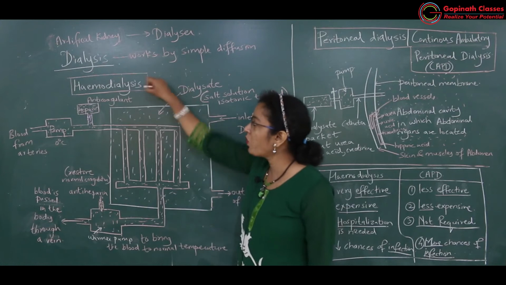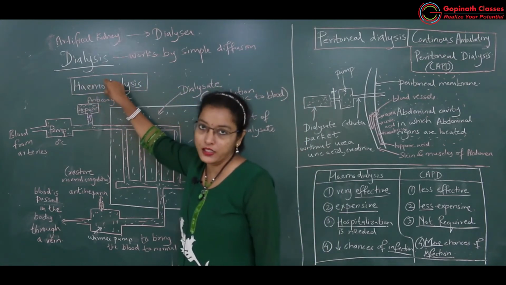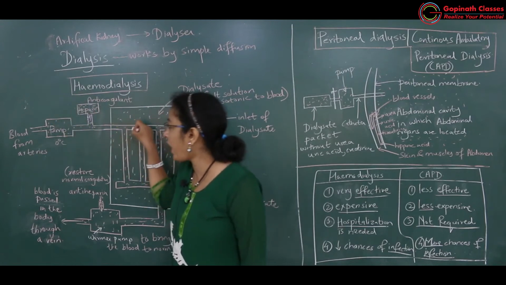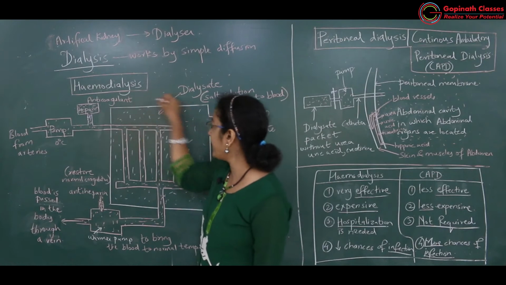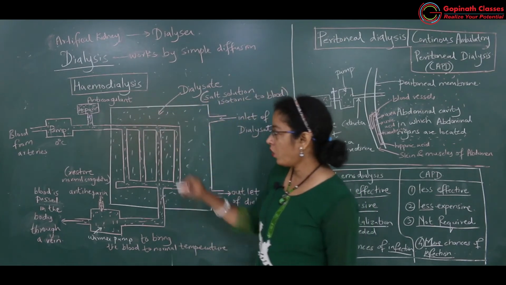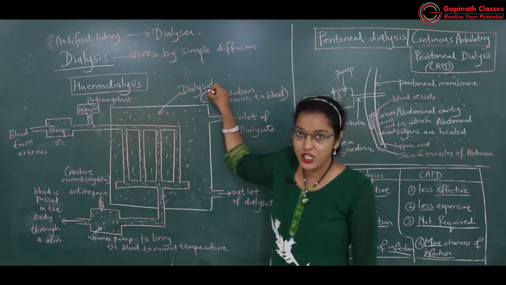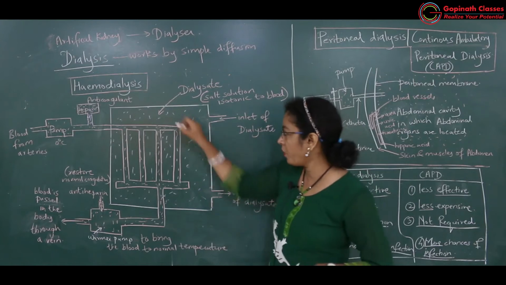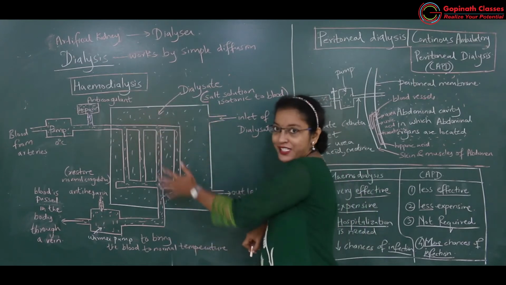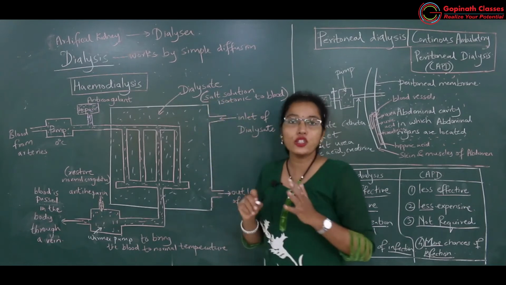So what do we do in hemodialysis? Hemo is a word for blood. So here blood will be passed in the dialyzer. This is the dialyzer which I have drawn here. The dialyzer has dialysate. Dialysate is one big space in which there is a salt solution.